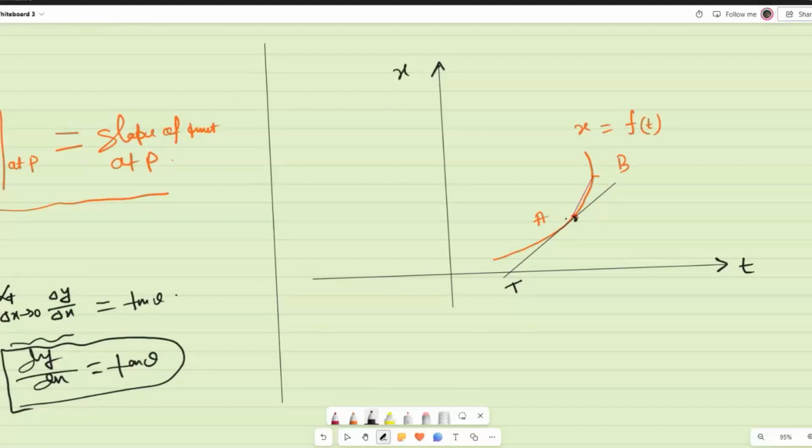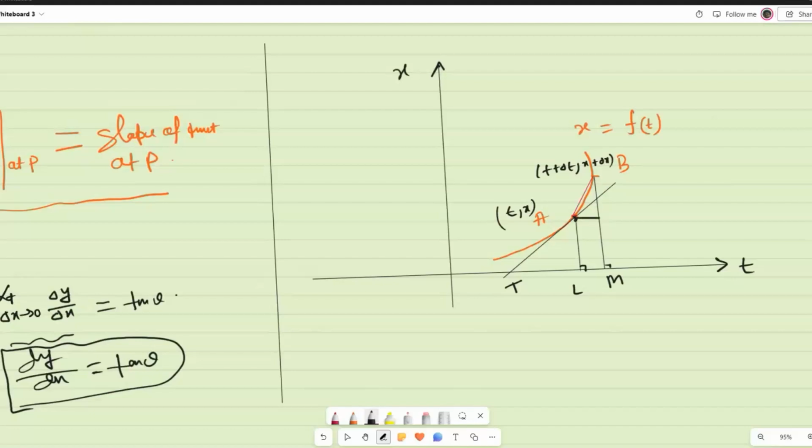Assume this point has coordinates t, x. This one has coordinates t plus delta t, x plus delta x. Just draw a perpendicular here in the same manner, AL. Draw another perpendicular, BM, here.